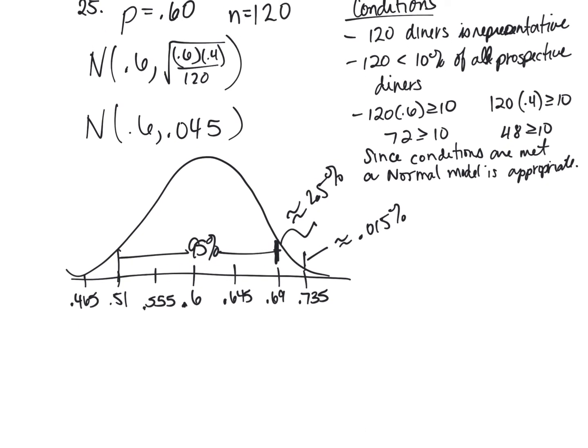But it asked how many seats. So saying 69% or 73.5% is not how many seats, right? So 69% of 120 is 82.8. So you would say 83.